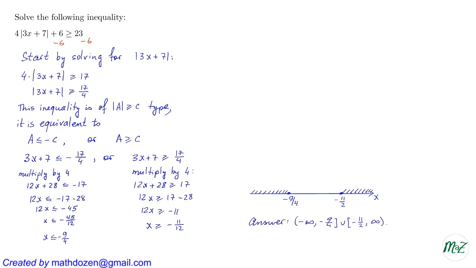So for the answer, we're going to have two intervals: one interval from negative infinity up to negative 9 quarters, and the other interval from negative 11/12 up to positive infinity. We join those two intervals by the union symbol.